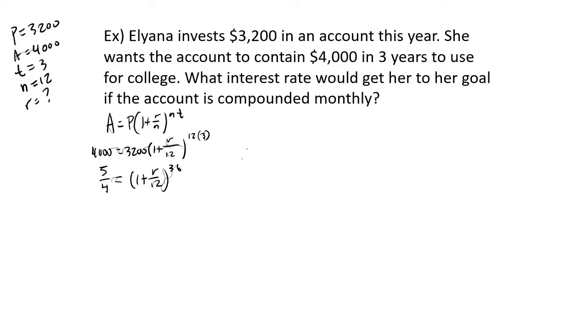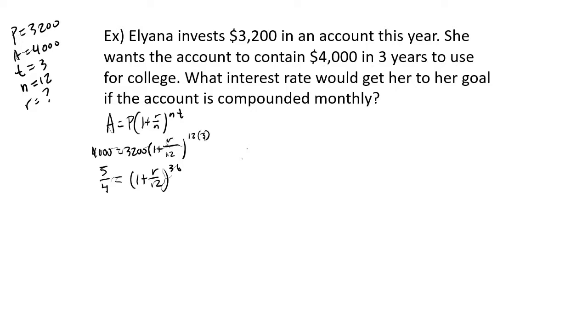But what we could do instead here, and again, this is not necessarily preferable by any stretch of the imagination, is we could take the ln of both sides. Yeah, we could totally take the ln of both sides.